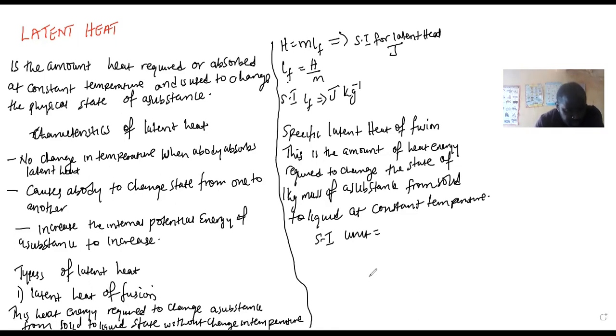So we can also have the kinetic theory of fusion: how fusion exists, what happens when fusion is taking place.